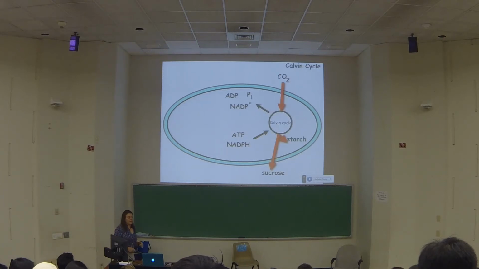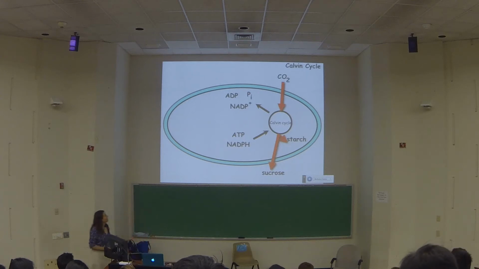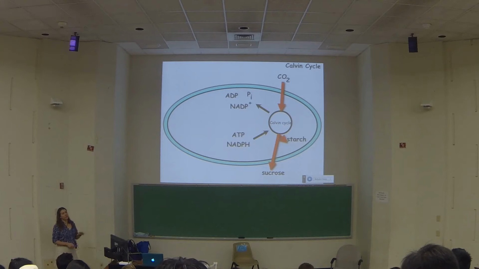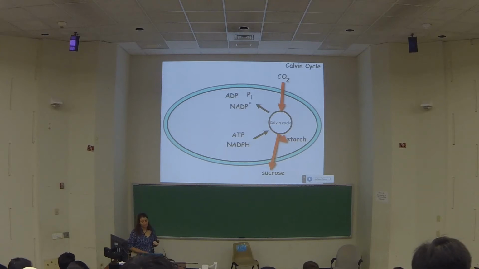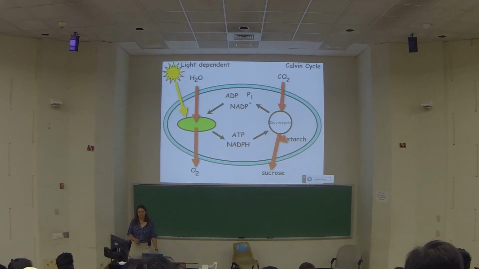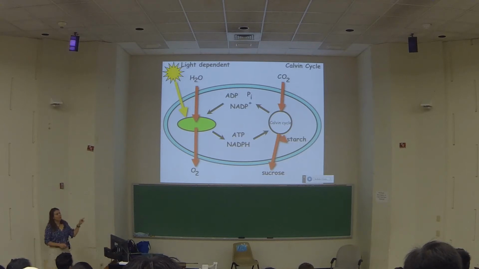The linked set of reactions, the Calvin cycle, don't require light. They're using CO2. They're using that energy produced in the light reactions to produce starch and sugar, and regenerating our electron carrier for us. So there are our two sets of linked reactions, linked through those energy molecules and electron carriers.